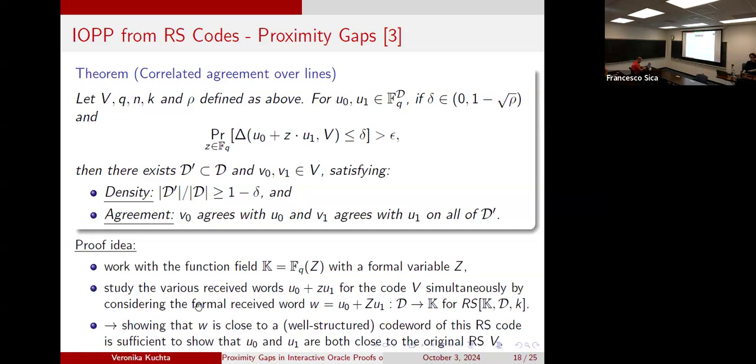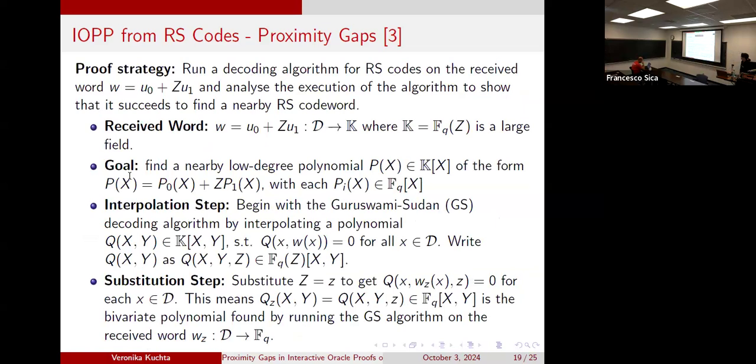If we want to show that this formally received word is close to a Reed-Solomon code word, then it is sufficient just to show that u0 and u1 are both close to the Reed-Solomon code. That's the actual idea of the proof. And the proof strategy involves various steps. Maybe we can go quickly over them.